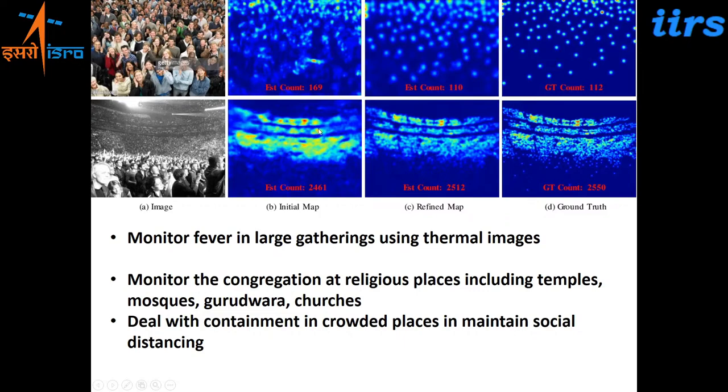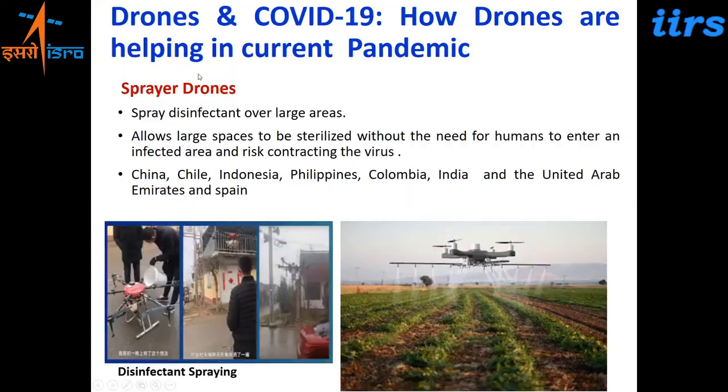To monitor the congregations and religious gatherings, and during the pandemic, it was used for spraying the disinfectants. Sprayer drones are there. Even in the agriculture industry, sprayer drones are there to spray the pesticides.